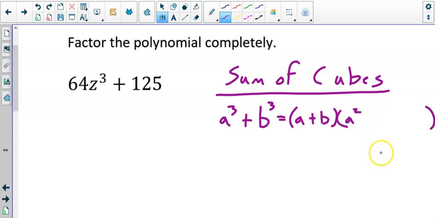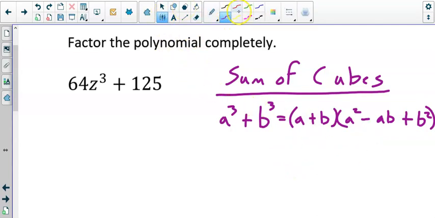It'll be a squared minus ab plus b squared. The only difference between these formulas is what symbol you have here and there. In the difference of cubes, it was a minus and then the plus. In the sum of cubes, it's a plus, then the minus. That's the only difference.